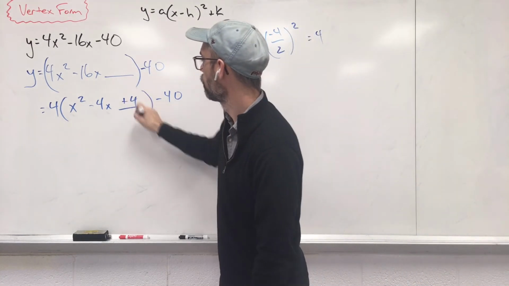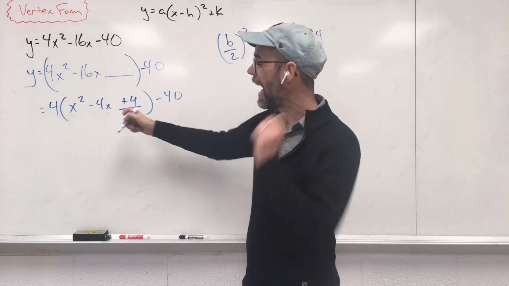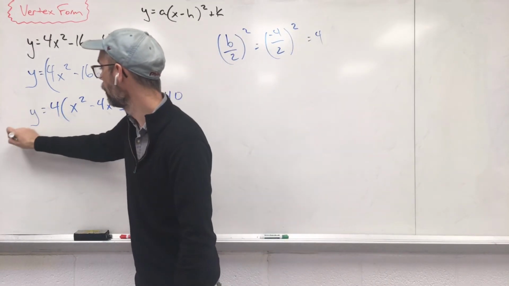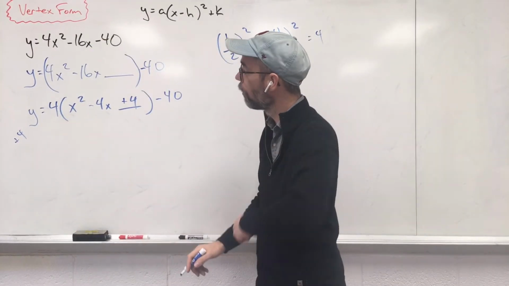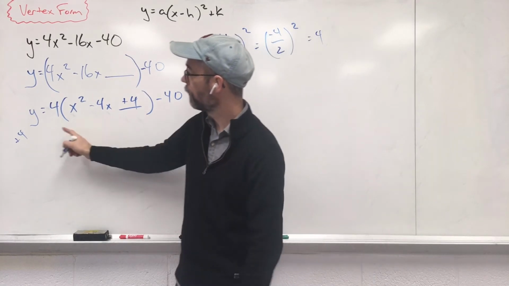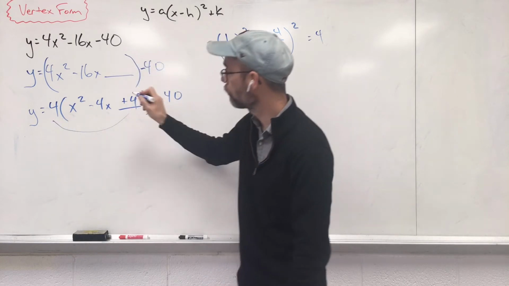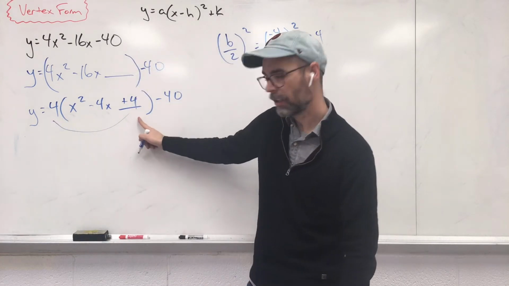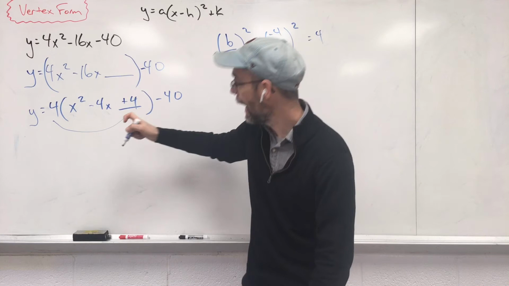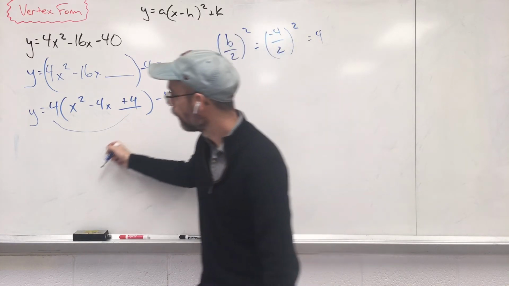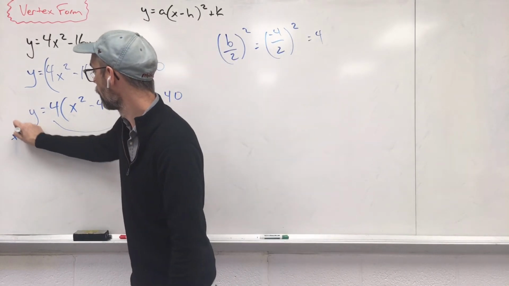So I'm going to say plus 4 here. Now, if I added 4 here, I'm going to have to add 4 to the left side as well. But because I have parentheses and something up front, it's not a 4 that I have. Because really, if I were to distribute, that 4 here is really a 16. So if I added 16 to this side, I got to add 16 to that side.